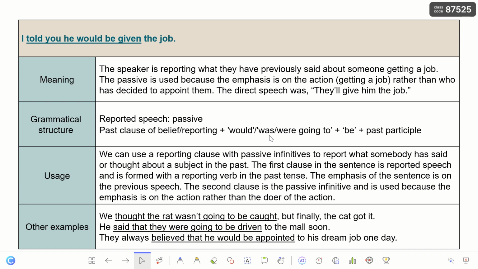Would, was, were, going to, plus be, plus past participle. When do we use this? Look here, past clause of belief or reporting. This is the part, I told you. Then would or was or were going to. Here I have would, then verb to be, then the past participle.